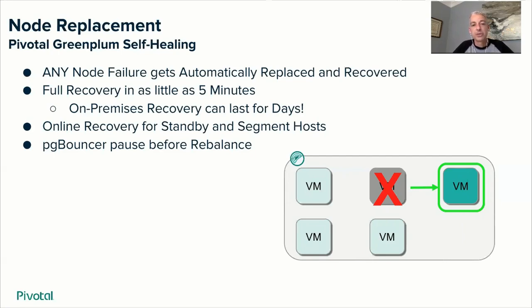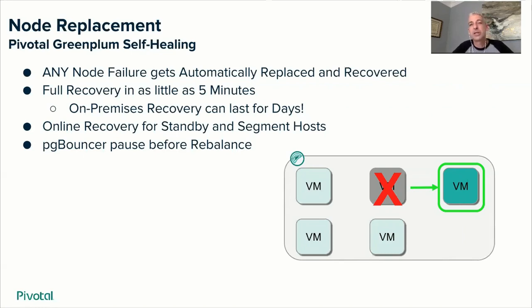We've also used PgBouncer as the connection pooler when you connect to the database. What it does is pause the rebalance command so in-flight queries don't get canceled. So it's completely seamless, and it makes administration very easy because it handles the healing process for you automatically.